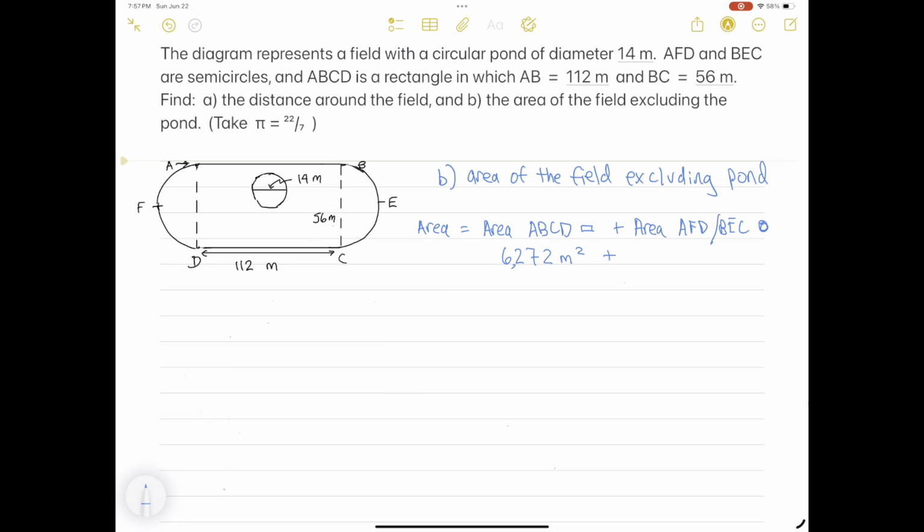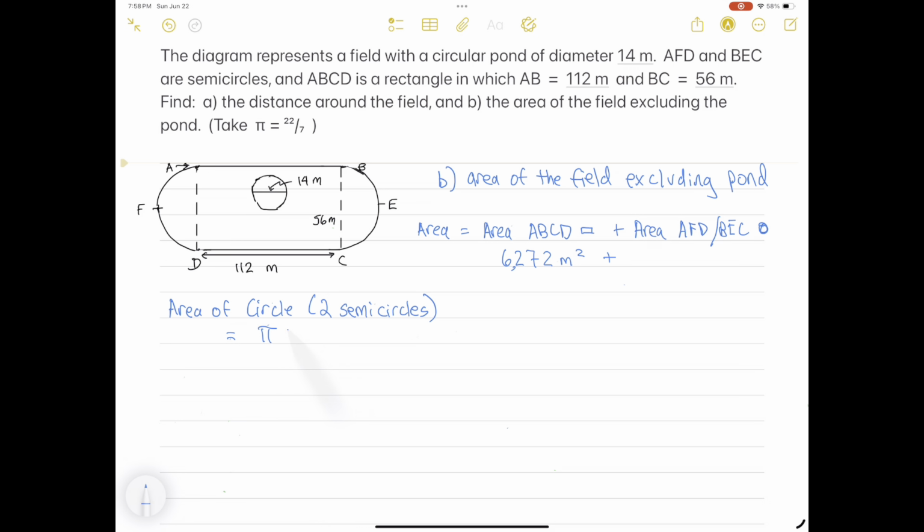Now I just need to find the area of the circle formed by combining the two semicircles AFD and BEC. The formula for the area of a circle is pi r square. And I will highlight using red on the figure above to show you the area that I am talking about.